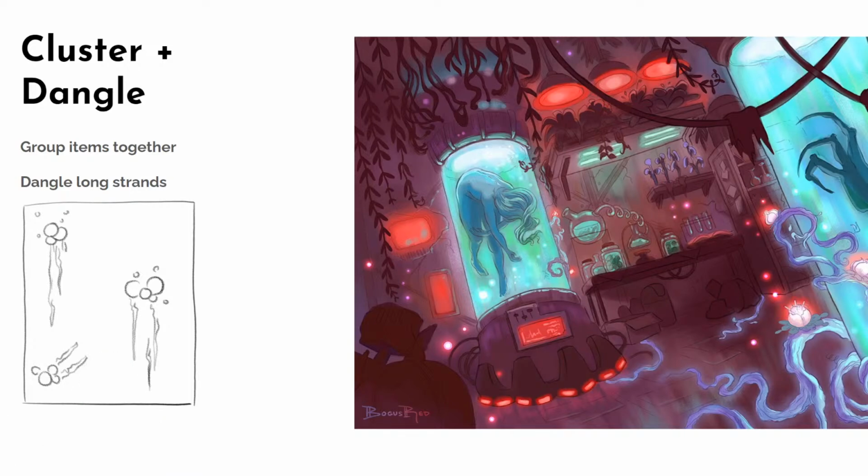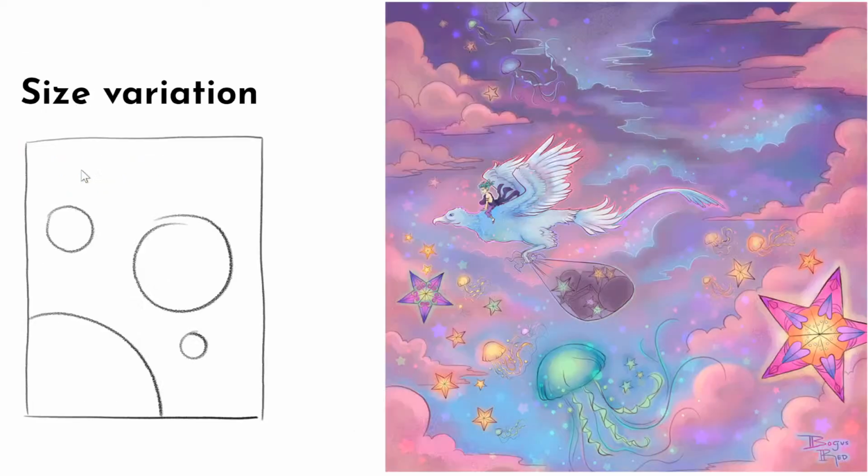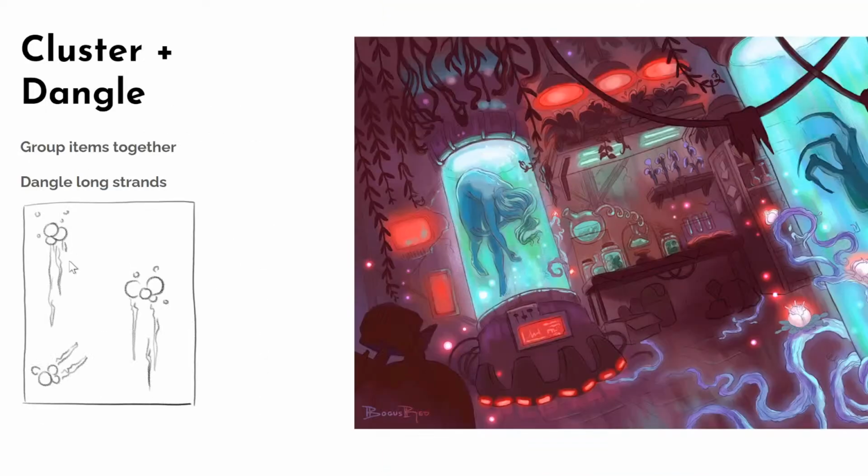Cluster and dangle means you group multiple items together, like these simplified little circles, and then you also have pieces that are dangling, like vines or something like that, in multiple parts of the piece.